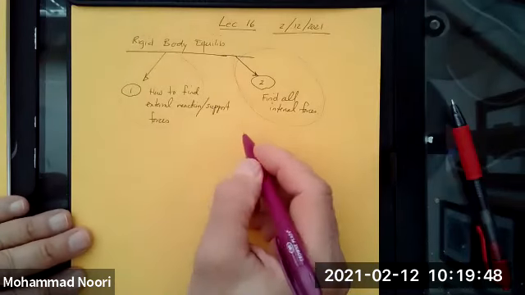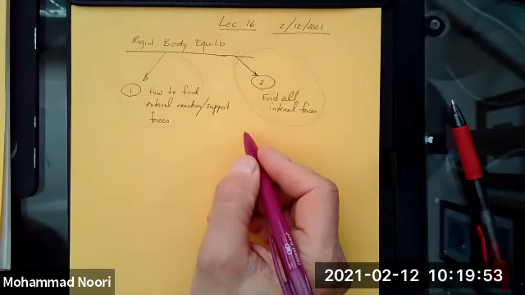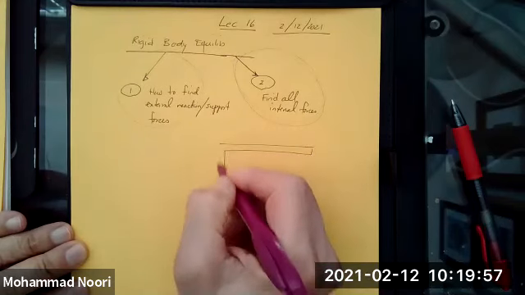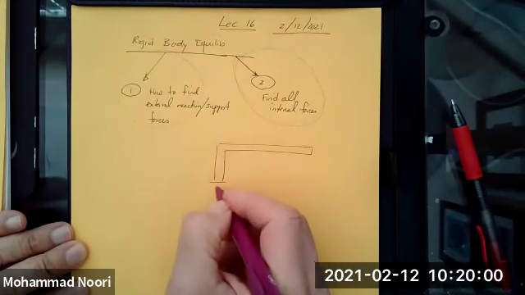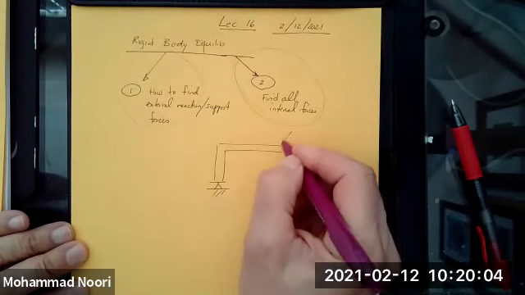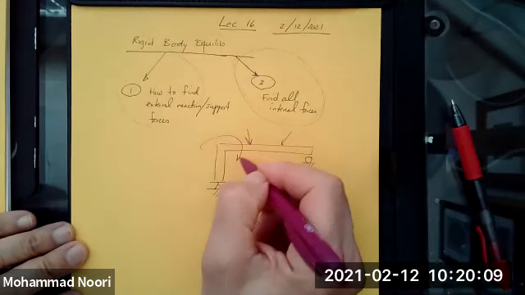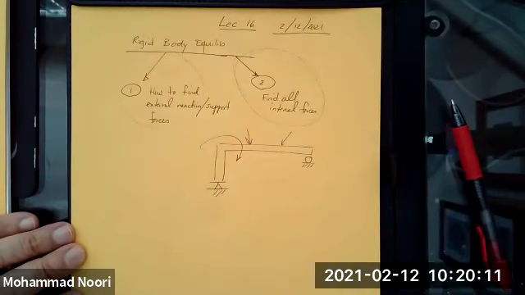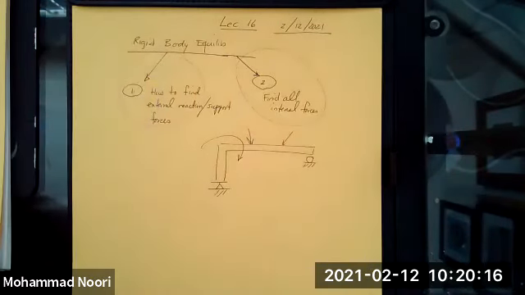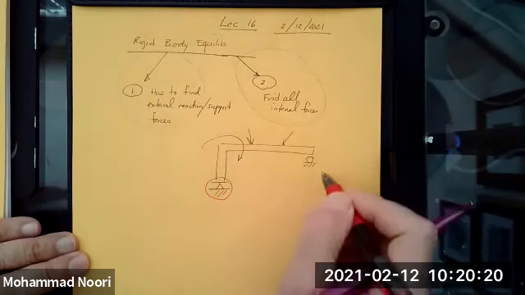So what we've done so far was what? We had a structure like this. We call that, say, frame, or whatever that was, that doesn't matter. But the function of this structure was to carry some loads, okay? And we said the objective for this was to find these unknown reaction forces.